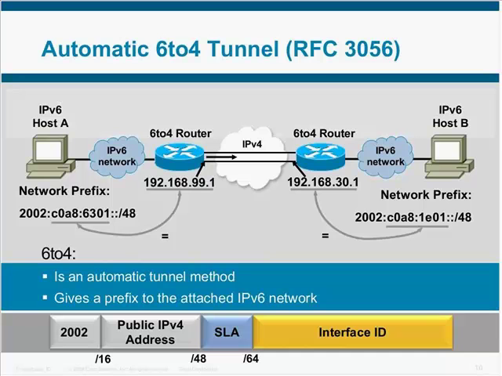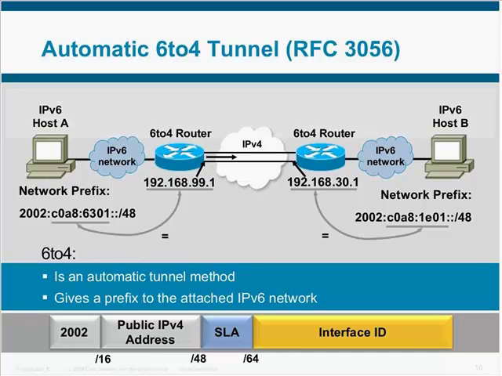So let's look at an example here. We have pretty much the same scenario we had before, but this time we're going to use automatic 6to4 instead of a GRE approach, which is point-to-point. So in this case, we have a multi-point tunnel. Although we're only showing two sites, we're going to show some additional examples that will let us see that this is a multi-point technique.